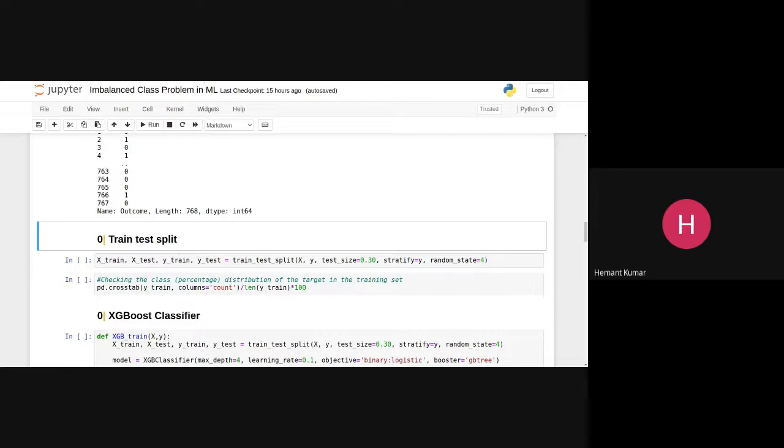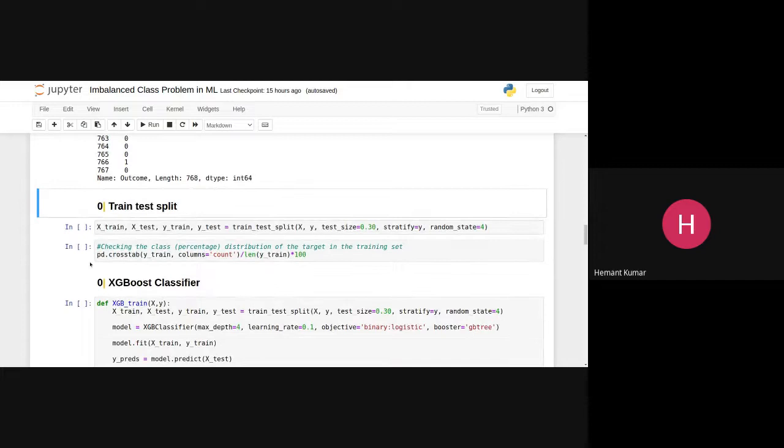We pass only the train dataset into the imbalanced-class approach, not the whole dataset. Okay, this is the important point.